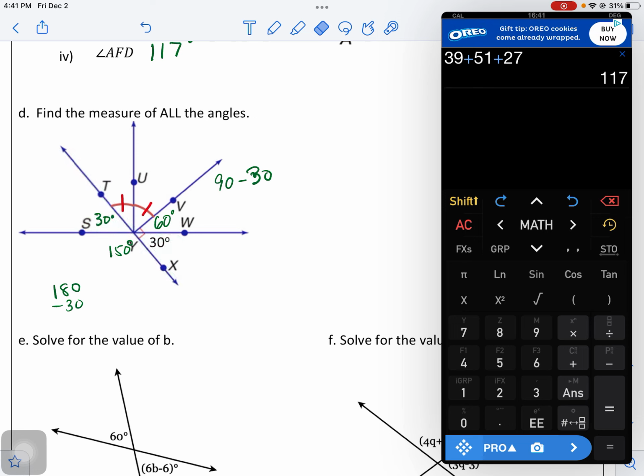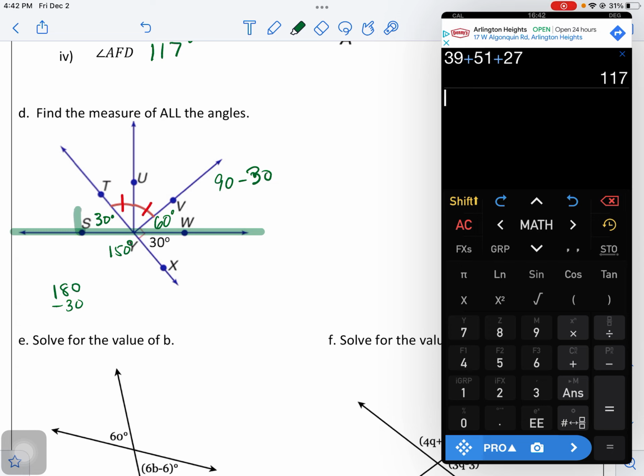All right, so now I got to figure out these angles over here. So what I do notice is here's a straight line. All these angles added together equal 180 degrees. So I've got this angle is 30, this angle is 60. I also notice I have these tick marks in here. These tick marks mean that these two angles are congruent.